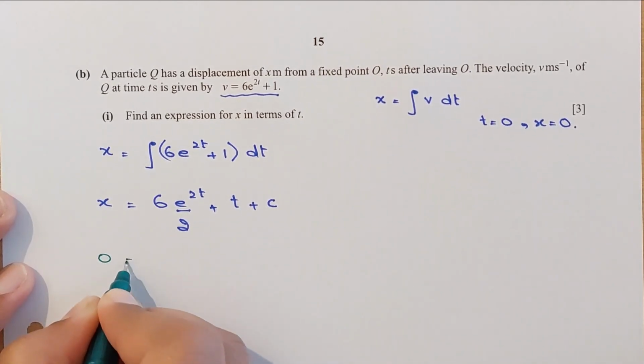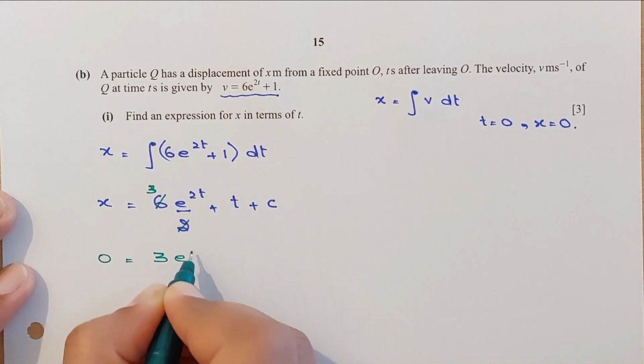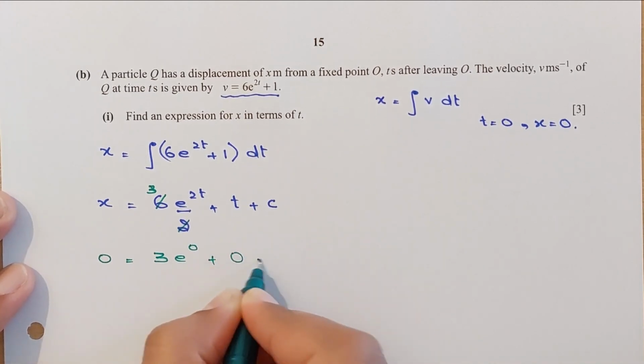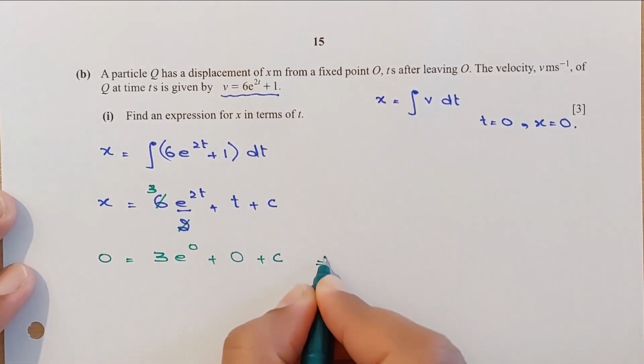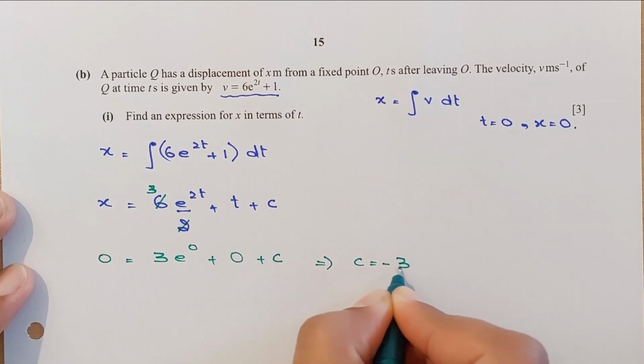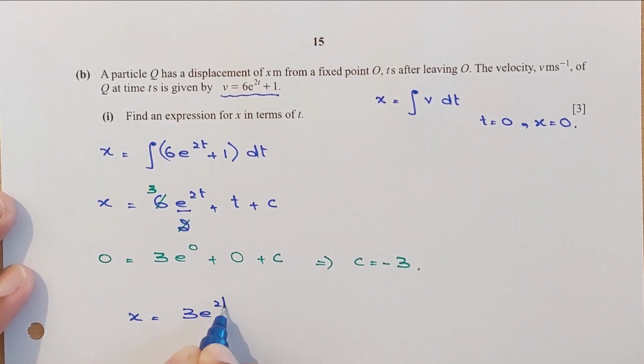This is 3 e power 0 plus 0 plus c. e power 0 is 1, so c equals negative 3. So the displacement is x equals 3 e power 2t plus t minus 3.